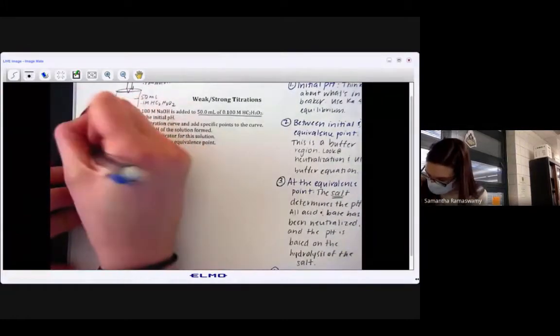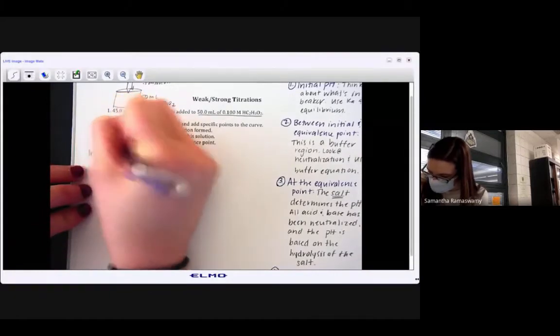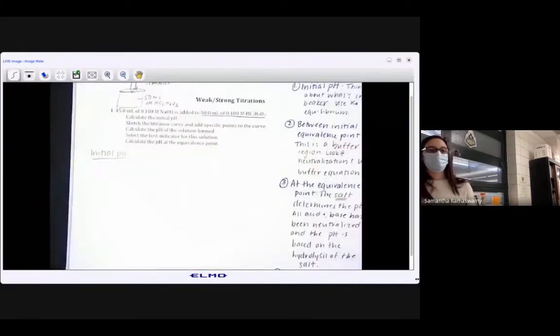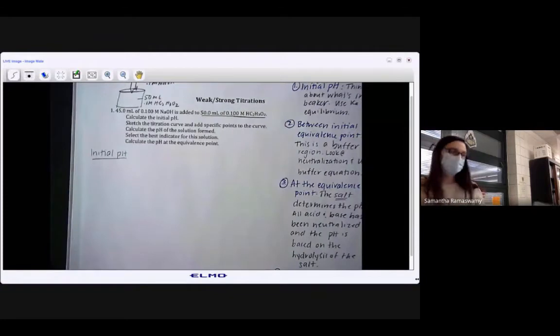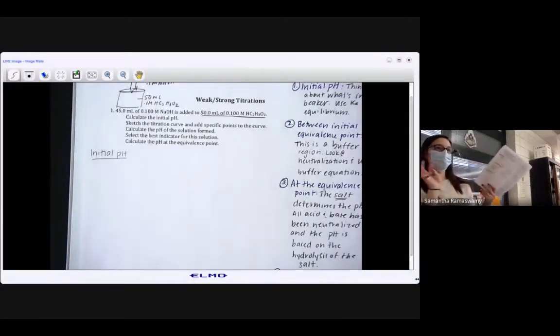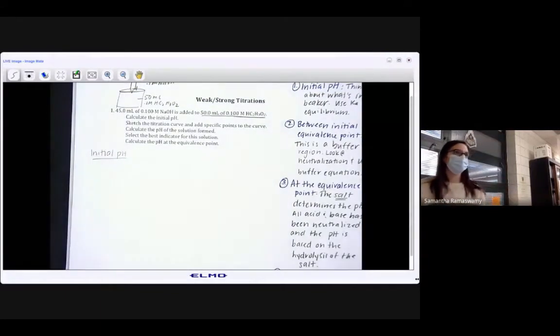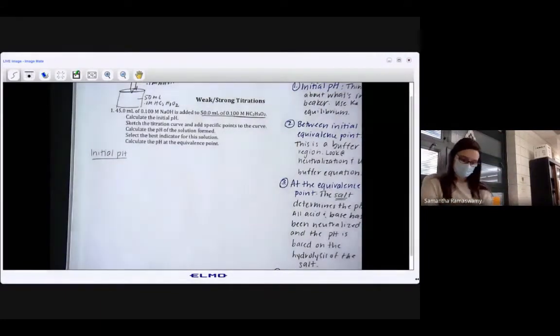So I'm going to just label this initial pH. And if you need to go back and look at my work or anything, I have this scanned in. And what I'll actually do is I will link my work to the practice video as well. And they'll be on the practice playlist. And you can also find this on the website.